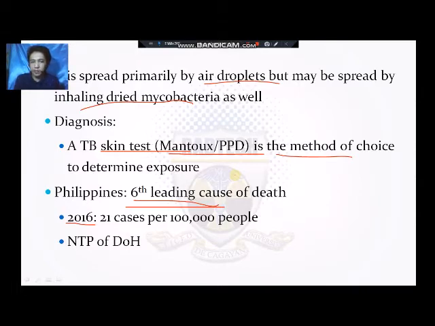Okay, so even though there is the NTP program of the DOH, the TB DOTS program, the medicine is already free for 6 months of duration, nothing is spent by the patient, but still a lot of people are still being infected with TB.